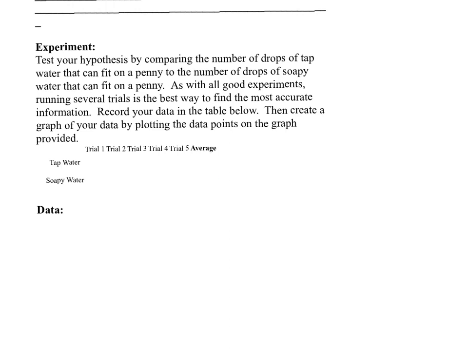So you'll take the number of drops that you got in trial 1, 2, 3, 4, and 5, add them all together and divide them by 5. That will get you your average for tap water. You'll do the same thing for soapy water. You'll add up number of drops on trial 1, number of drops trial 2, 3, 4, and 5, divide those by 5 to get an average for soapy water.